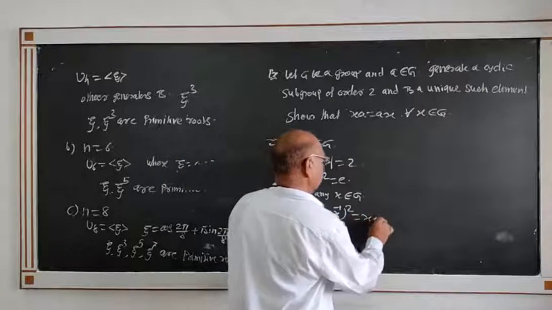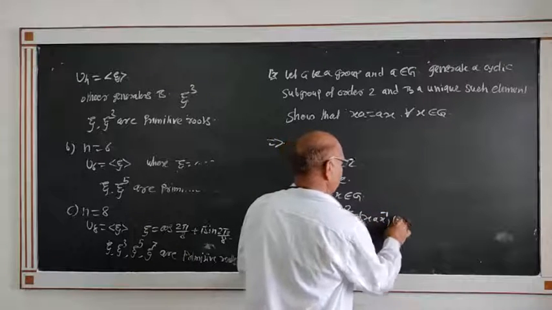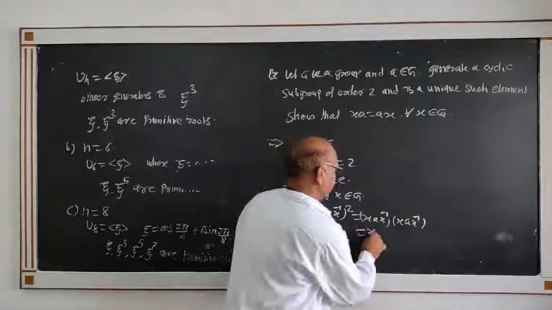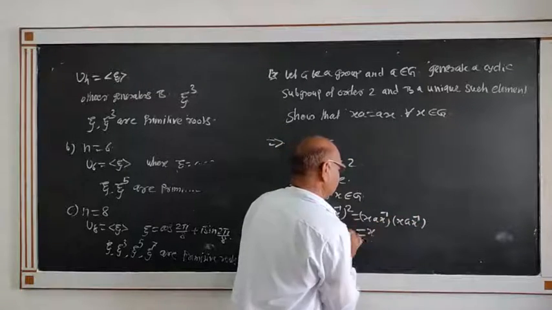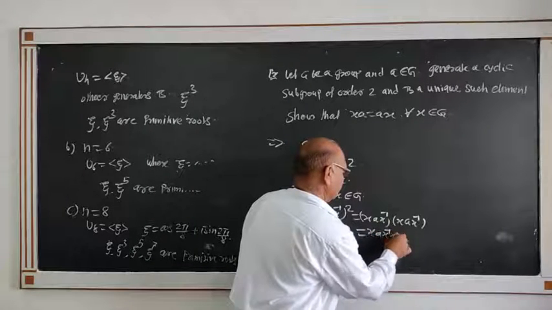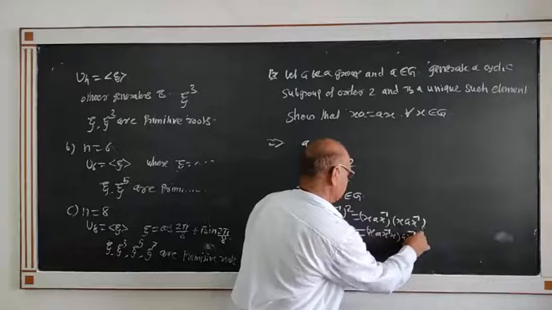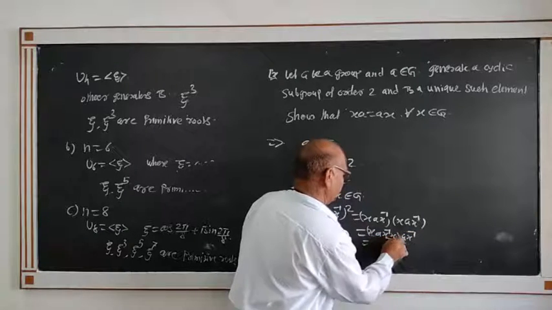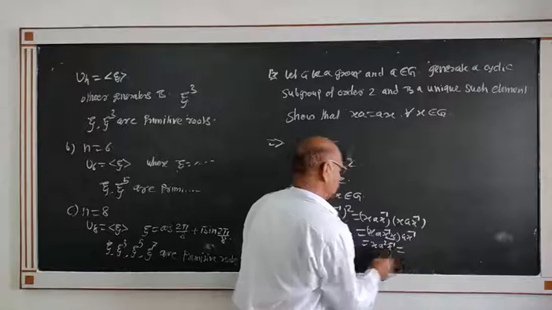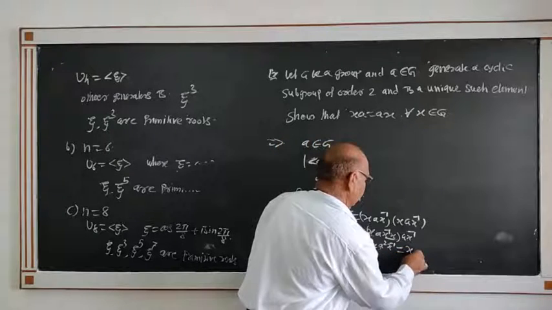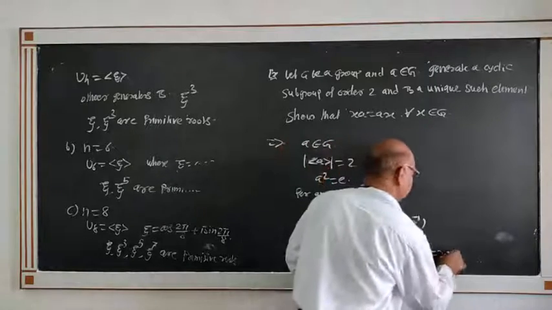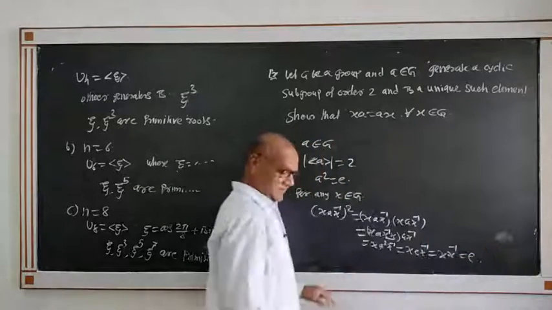This gives X A X inverse into X A X inverse. Here X inverse X is identity, so this gives X A square X inverse. But A square is identity, so this is X E X inverse, which is equal to X X inverse, the identity.